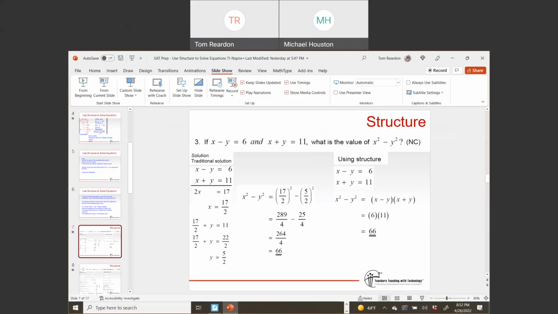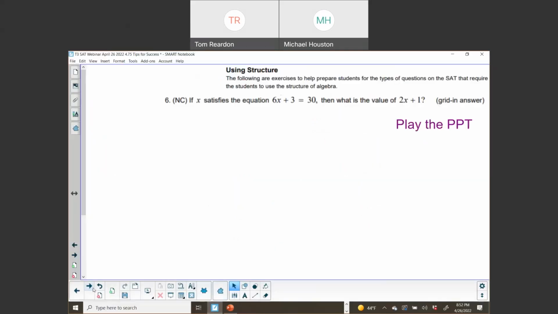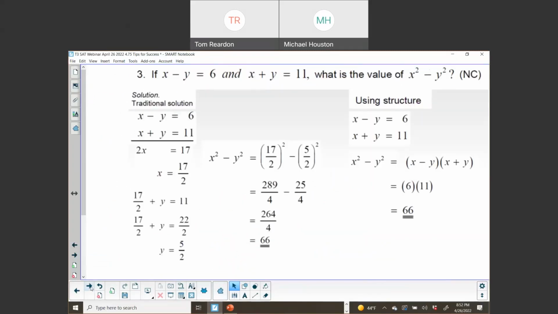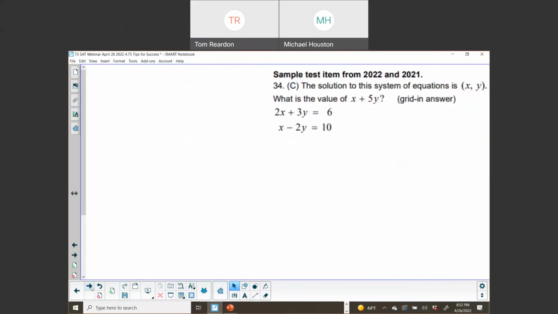So using structure, I strongly urge you to consider that. It's something some of your students are going to think about or do, but it's not something all of them do, okay? So for this one right here, here's a sample test item from, I think this was 2022. What is the value of x plus 5y?